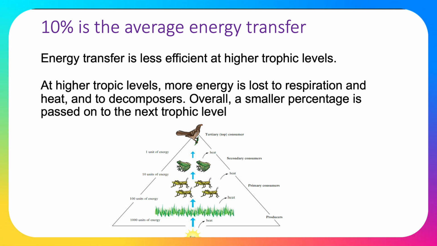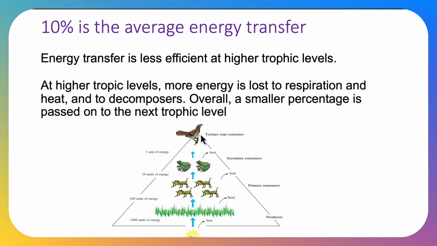And the reason for that is that more energy is lost to respiration and heat and to decomposers. So why is that? Our tertiary or our apex predators, the top of our food chain, tend to be larger organisms.